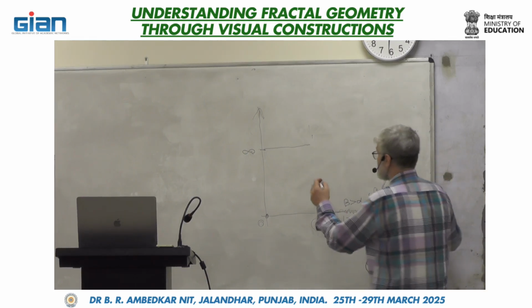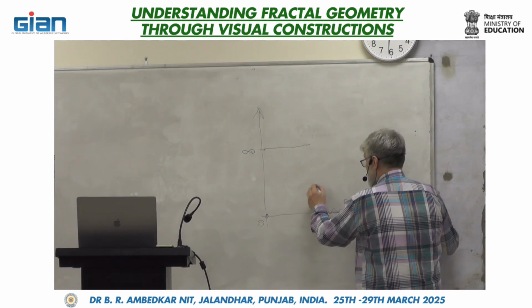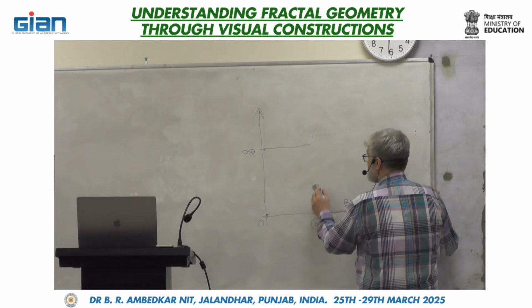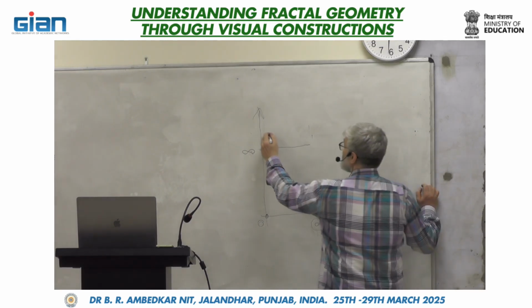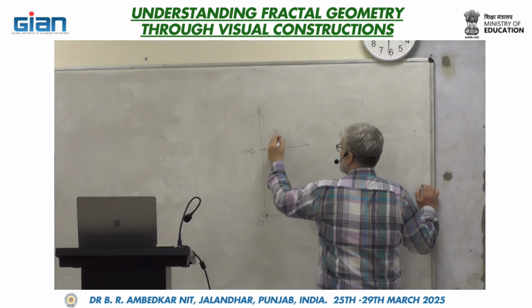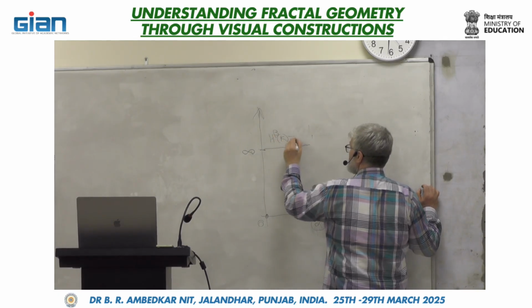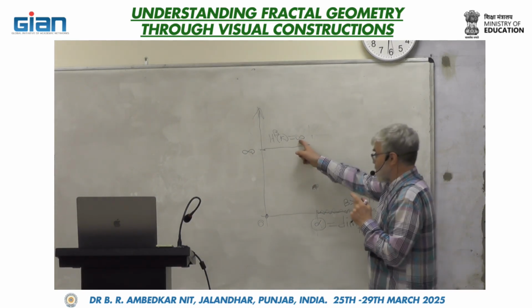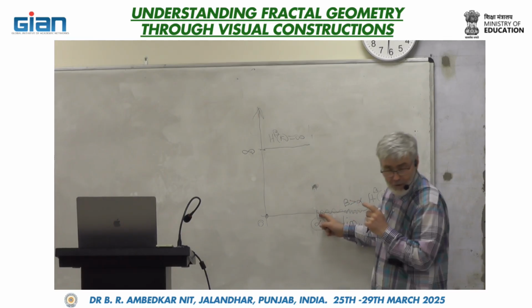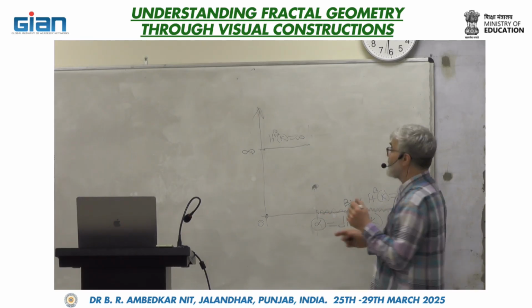From the other side, if H alpha of K is more than 0, then H beta of K is infinity, because if it is not infinity, then H alpha of K is 0.